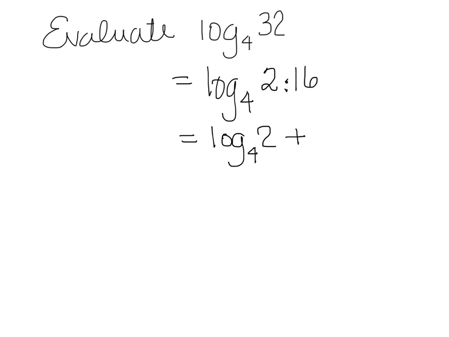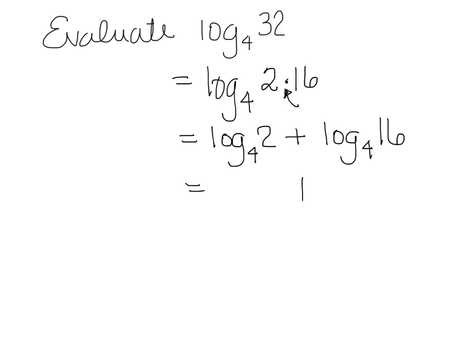So that product inside turns into the sum of two different logarithms. But now I have this problem where the bases and the inside aren't matching up, so it's a little more difficult to take those logarithms.